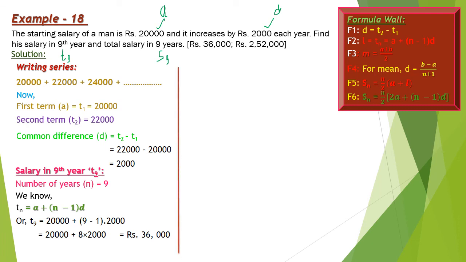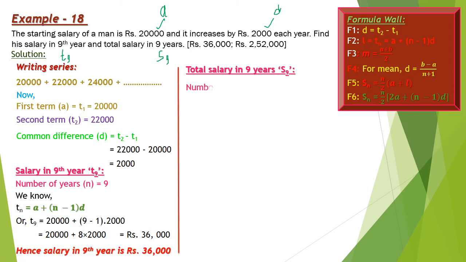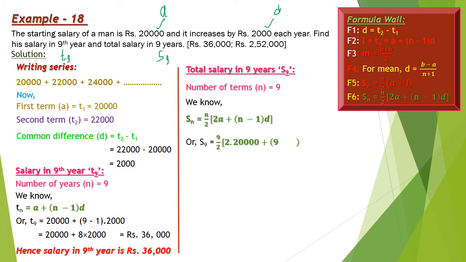Now, how much total salary did he receive? You can see, hence the salary in the ninth year is 36,000. Now the total salary in nine years: the number of terms n equals 9, and we know which formula to use, that is formula 6. Now we can replace the values: S9 is equal to 9 by 2 bracket 2a, that is 40,000, plus n minus 1, that is 9 minus 1, into d, that is 2,000.